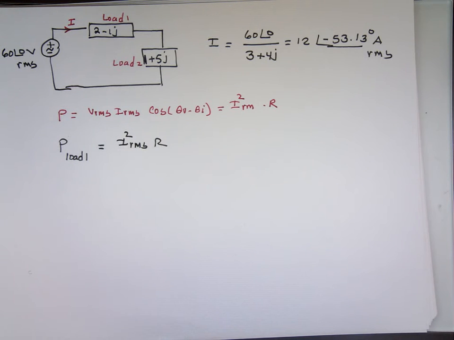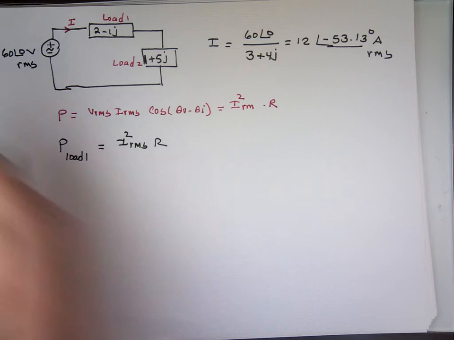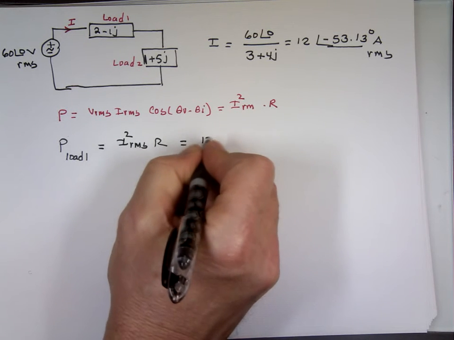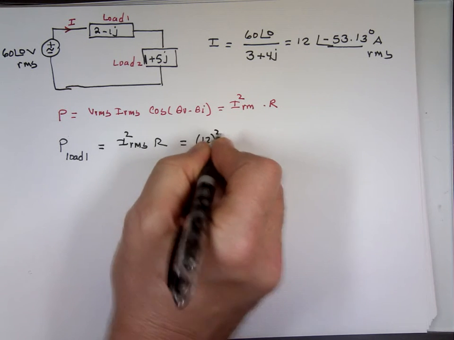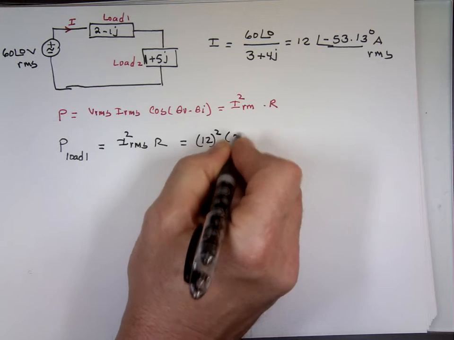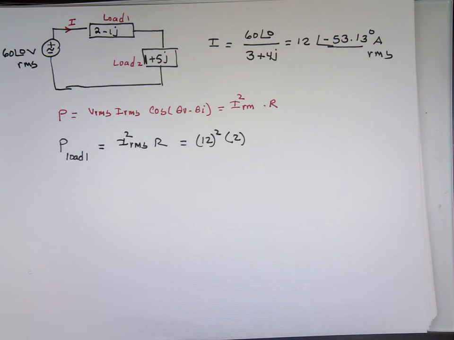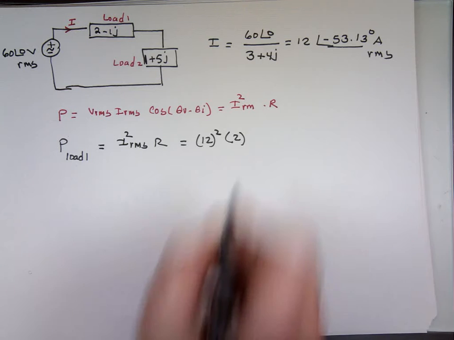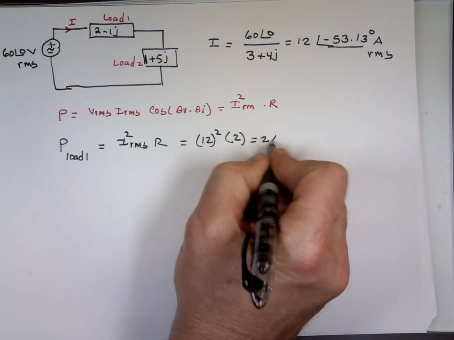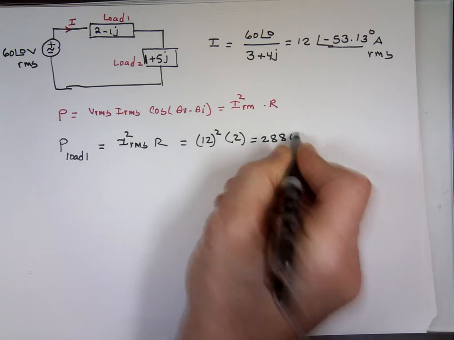Is it 12? So it's 12 squared times 2. The capacitor will absorb zero power. Do the math. 144 times 2, is that 288? And the units for average power is always watts.